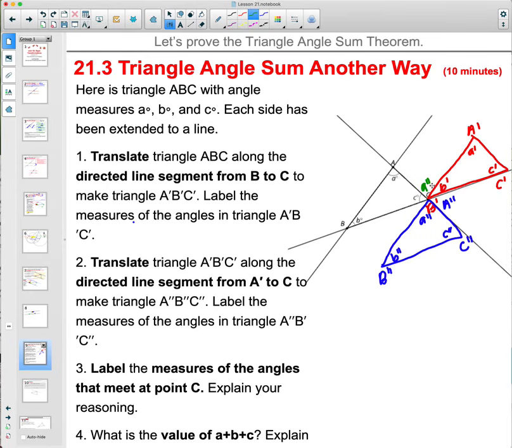Okay, but it's going to be the same size as A. This one is going to be the same size as B, and this one is going to be the same size as C. So we end up with those vertical angles, okay, getting A, B, and C to be a straight line again, getting A plus B plus C to equal 180 degrees. So you could do translations in this manner to find the sum as well.